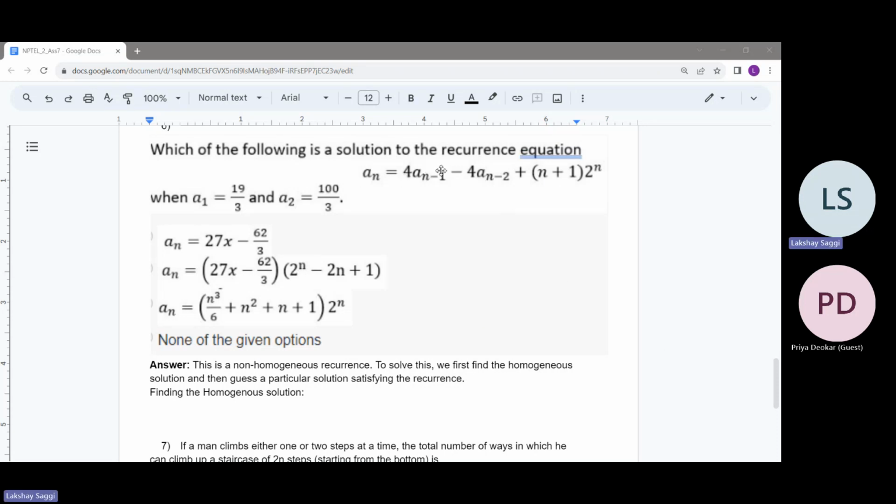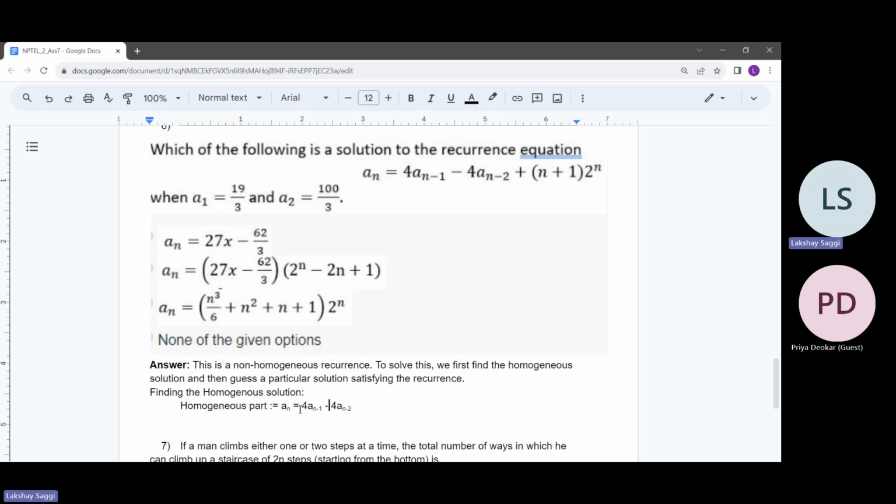So we first find out the homogeneous solution. The homogeneous part is nothing but this one, where a of n is equal to 4 times a of n minus 1 minus 4 times a of n minus 2.